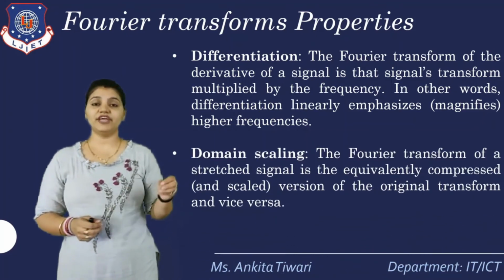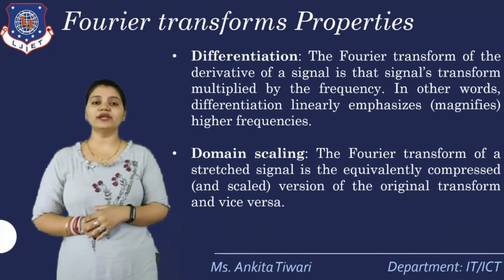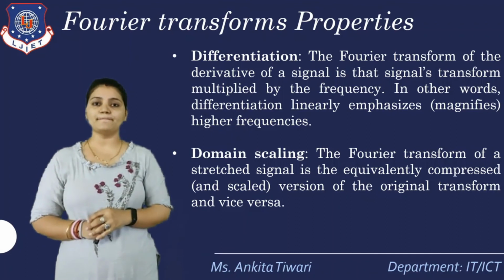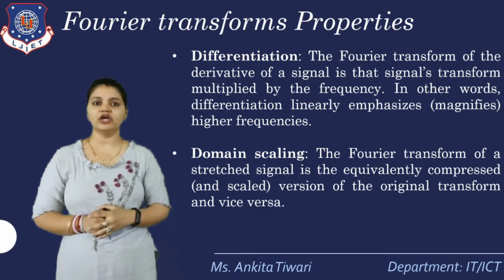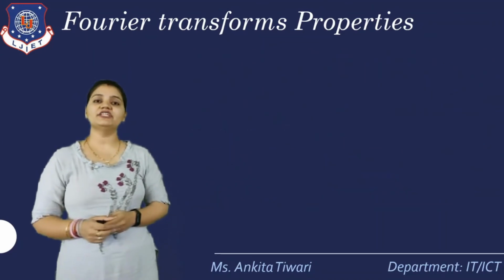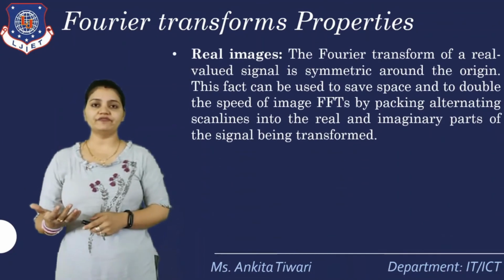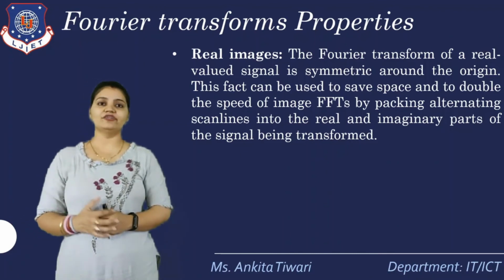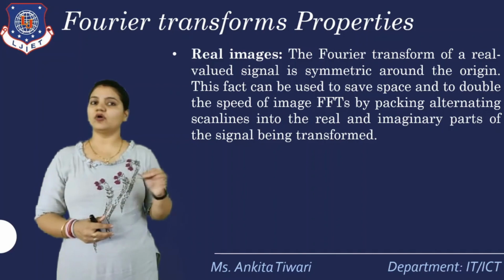With respect to that, we have domain scaling as well. The Fourier transform of a stretched signal is the equivalently compressed, scaled version of the original transform and vice versa. Also we have more properties, that is real images. The Fourier transform of a real valued signal is symmetric around the origin.